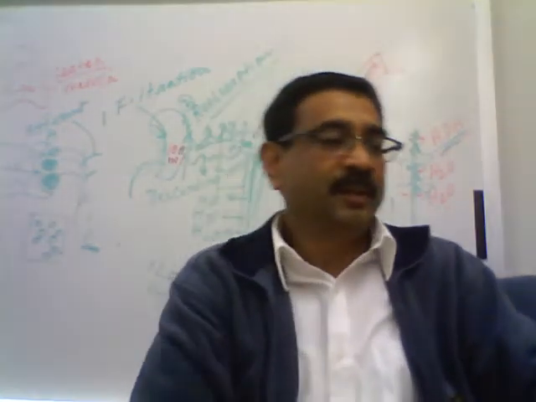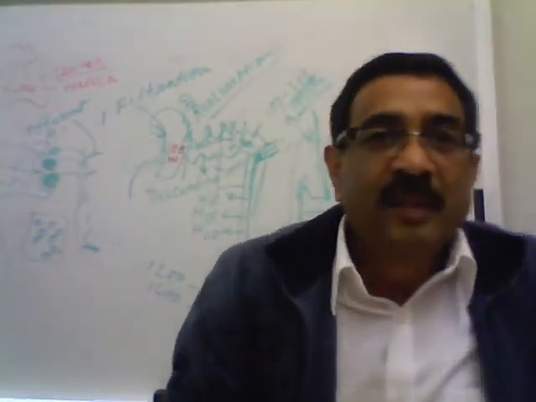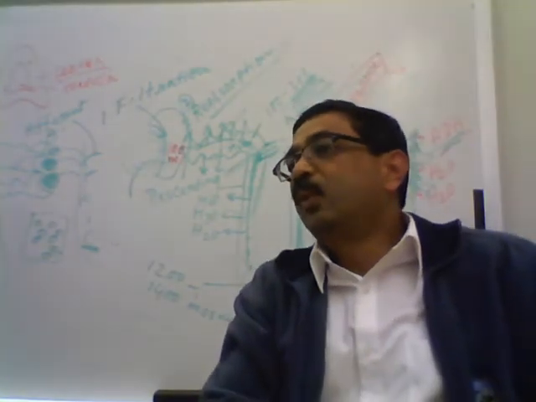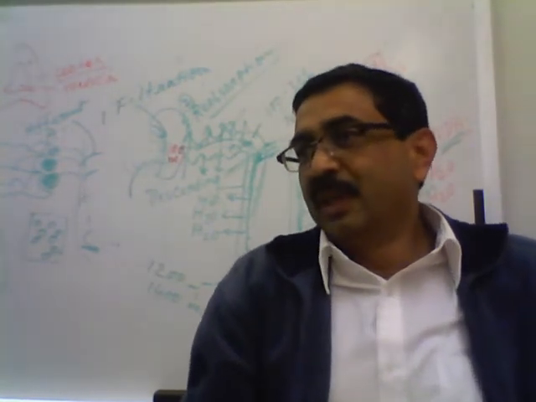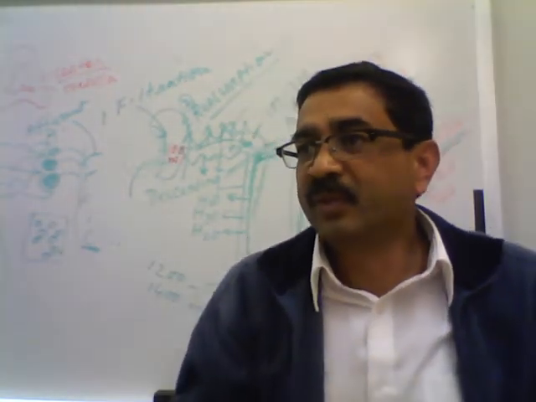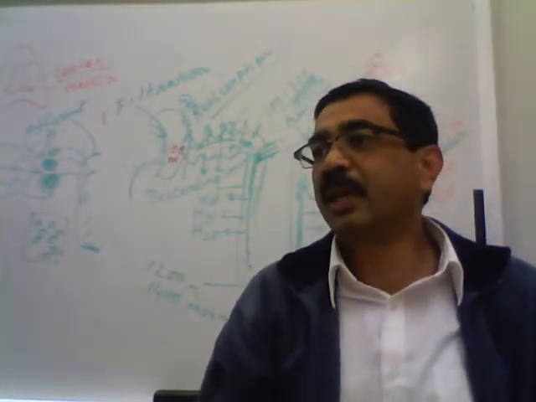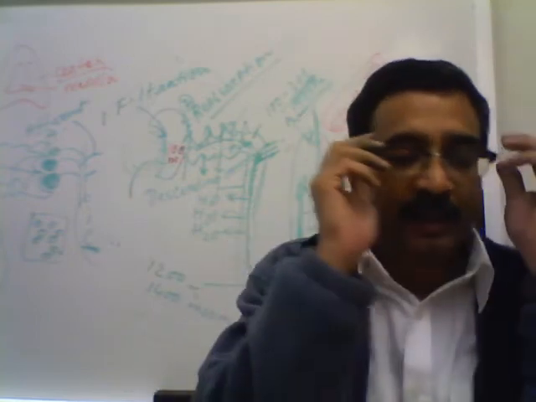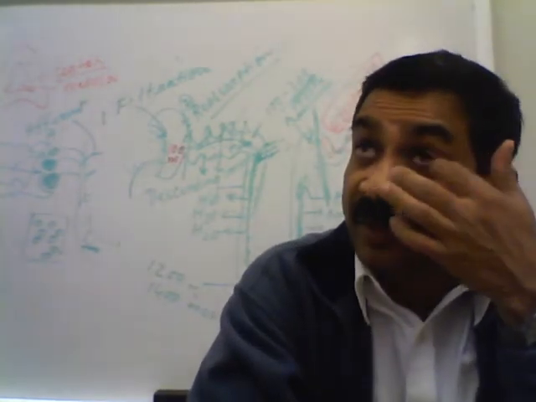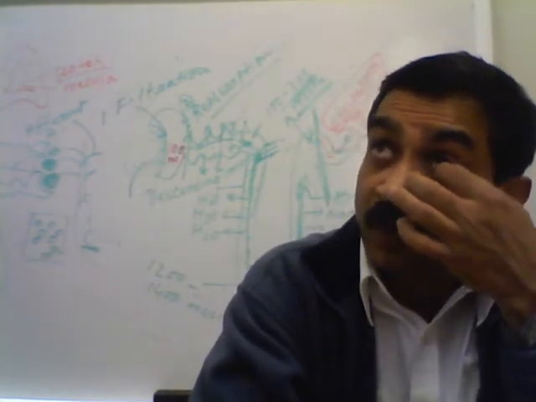Okay. Types of nephrons. In our kidneys, we have two types of nephrons. 85% of nephrons are short-looped nephrons. Those are called cortical nephrons. And 15% of nephrons have a long loop of Henle.